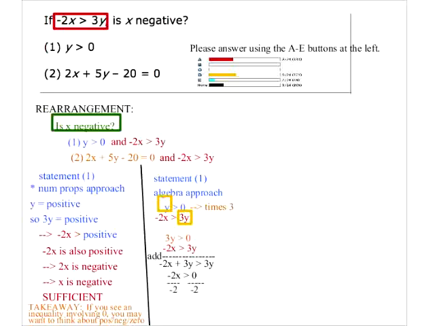So x is less than 0. All right, smiley face if this makes sense. Again, the other face if it doesn't. The goal of multiplying by 3 here is to get those y's to cancel out. Like if you put the same quantity on both sides, then you're going to get it to go away.